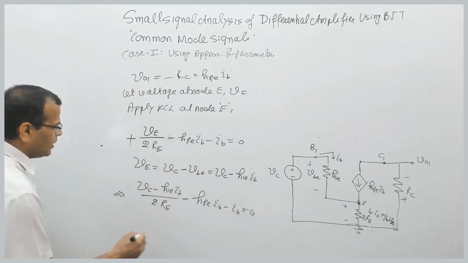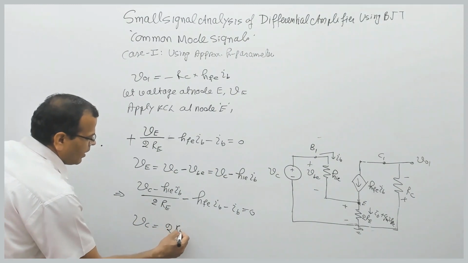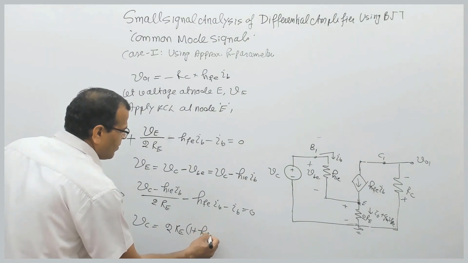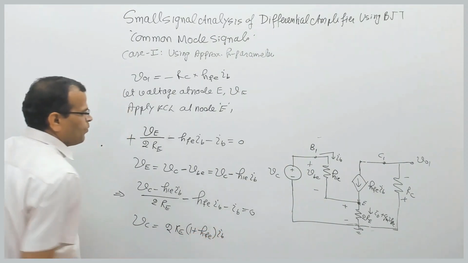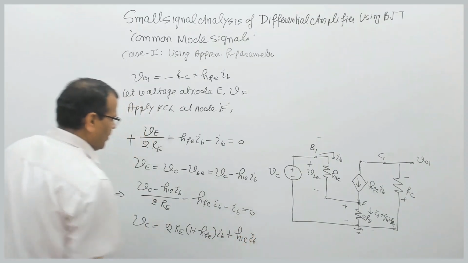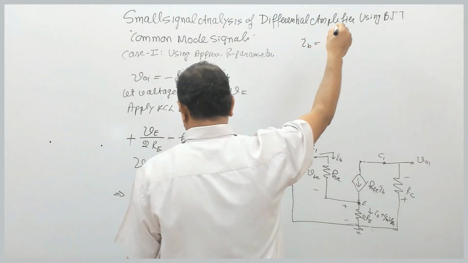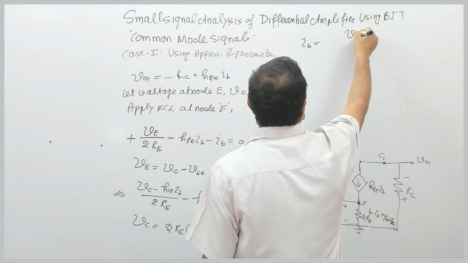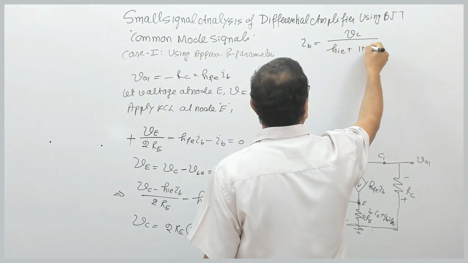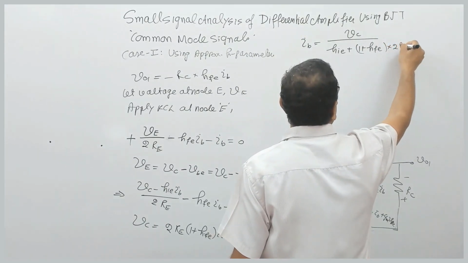So you can please see here, VC is equal to twice RE into 1 plus HFE into IB plus HIE into IB. Or what do we get? Base current IB equal to VC upon HIE plus 1 plus HFE into twice RE.